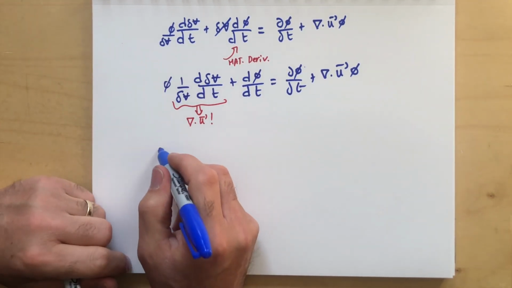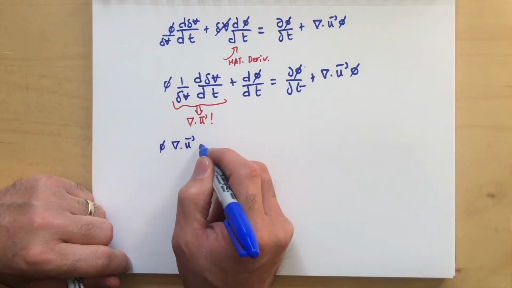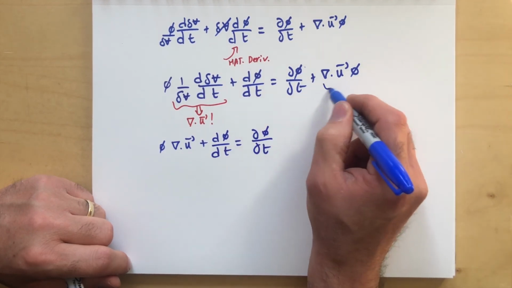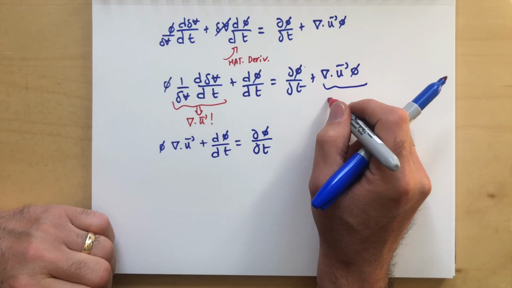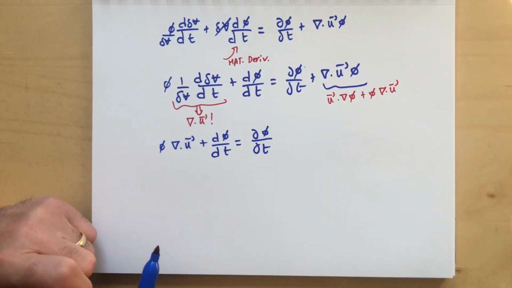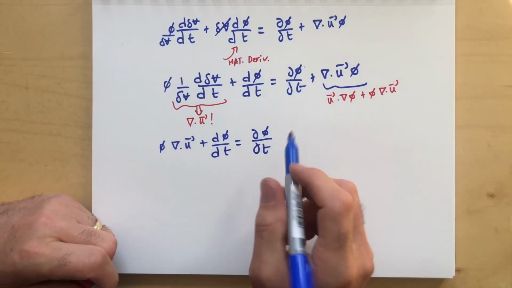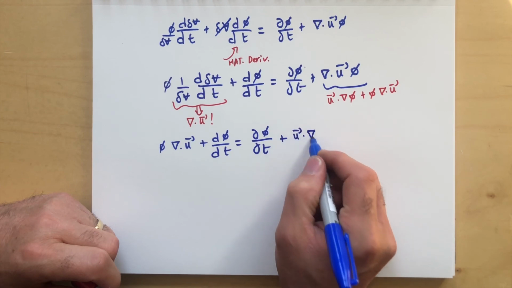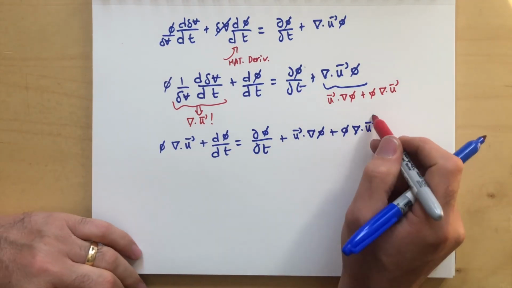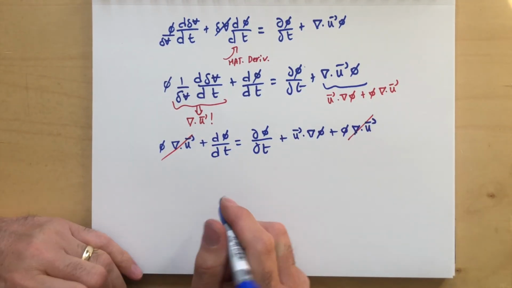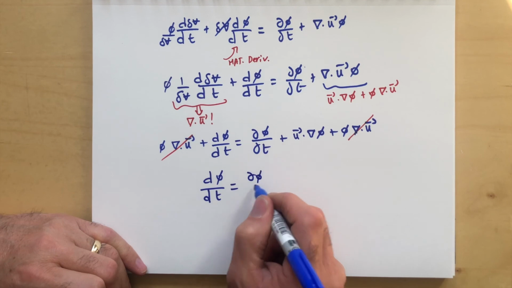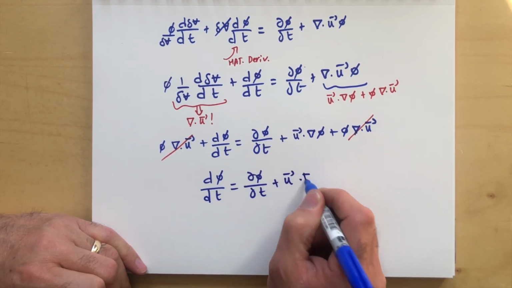So then, once we substitute, we get phi div u plus d phi by dt equal partial phi by partial t plus div u phi. Now this guy over here, we can replace with u dot grad phi plus phi div u, just distributing the dot product. Now these two guys cancel out very nicely, and you get the material derivative derived from the Reynolds Transport Theorem. It's u dot grad phi.